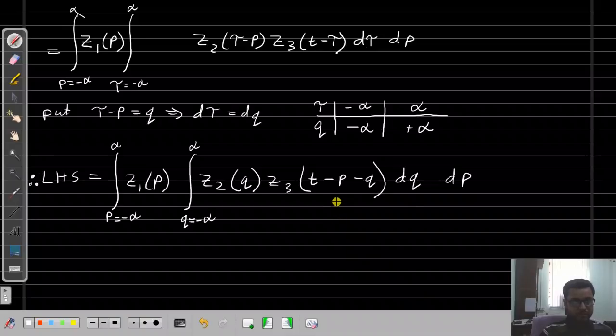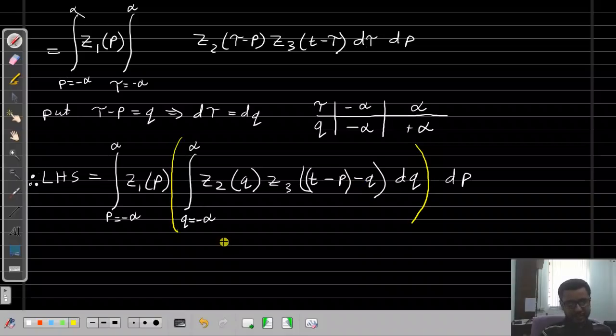Now let me just put a bracket here so that you can observe that this part is nothing but the convolution between z2 and z3. z2 of q times z3 of something minus q, dq.